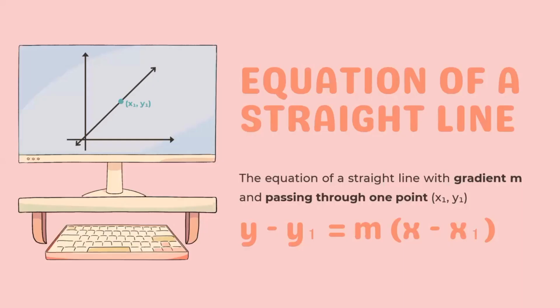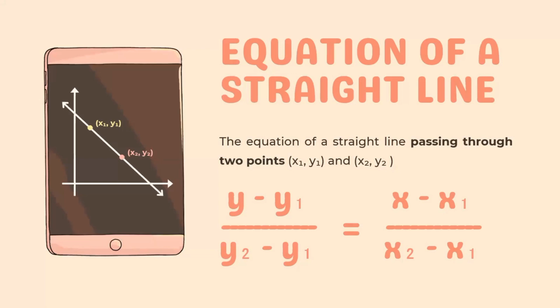Second, if a straight line has gradient m and passes through one point, the equation is y minus y1 is equal to m times x minus x1. And last, if a straight line passes through 2 points, where x1, y1 denotes the first point and x2, y2 denotes the second point, then the equation is y minus y1 over y2 minus y1 is equal to x minus x1 over x2 minus x1.